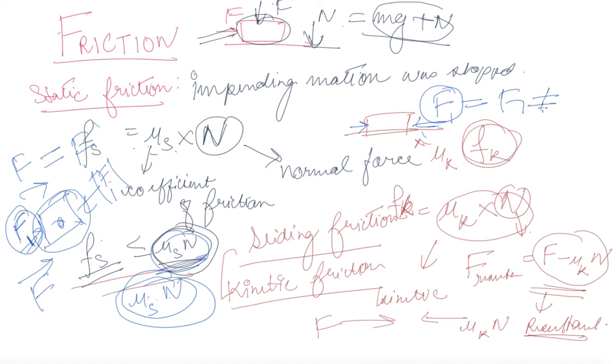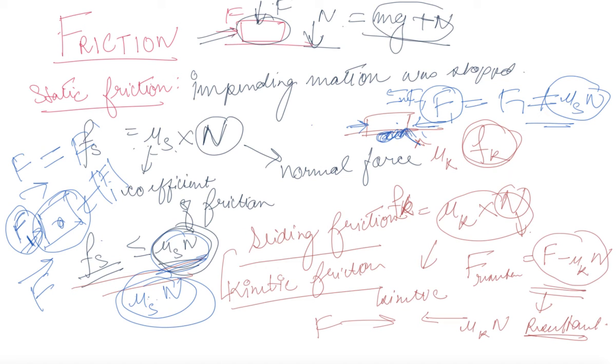It is not necessary that it will always be mu s into N, because mu s into N is the limiting force. To stop the body, an equal and opposing force is applied by the surface, equal to F1 in the negative direction. This is a very important concept that students should understand to keep the concepts clear.